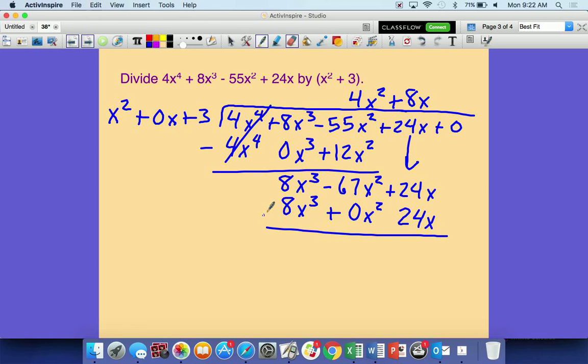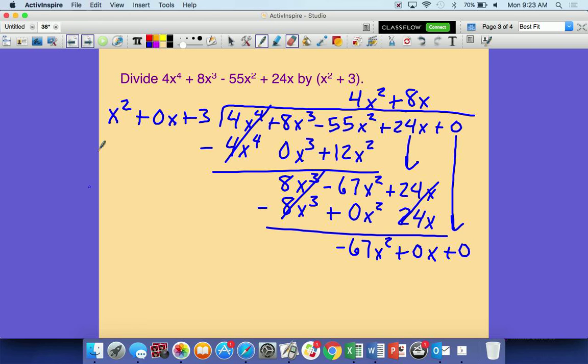From here, we subtract these. That goes away. Negative 67 minus 0 is negative 67 x squared. 24 minus 24 is 0. This also goes away. That's interesting. Sometimes that's going to happen and sometimes it doesn't. Then we can also drop this 0 and do it one more time.